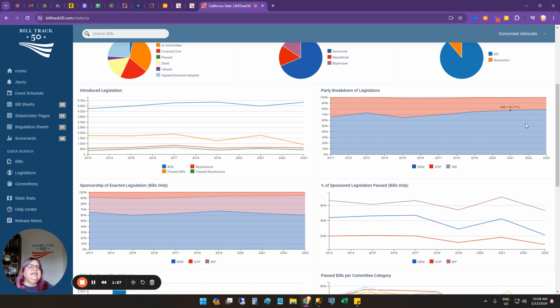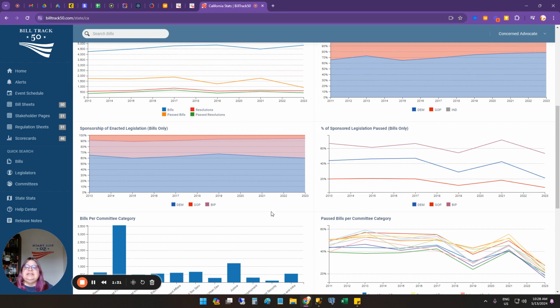Breakdown of the chamber over time gives you some context there. And then this is an interesting chart. These two together are interesting. So this shows the percentage of bills that were passed by colors, by party.